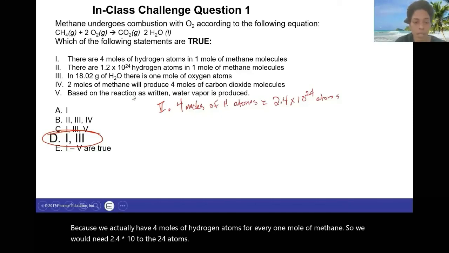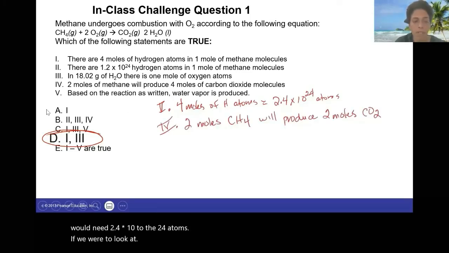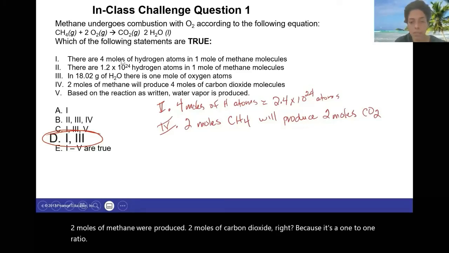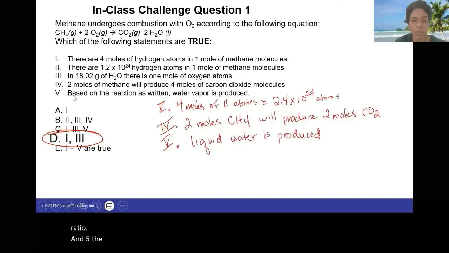If we were to look at number 4, 2 moles of methane would produce 2 moles of carbon dioxide, right? Because it's a 1-to-1 ratio. And number 5, a true statement would be that liquid water is produced.